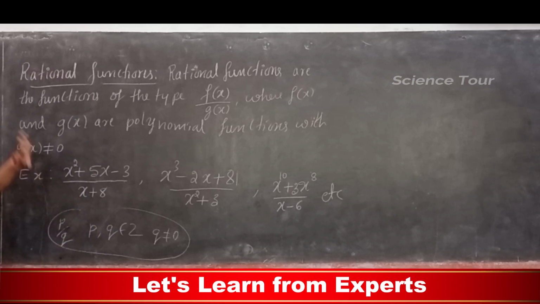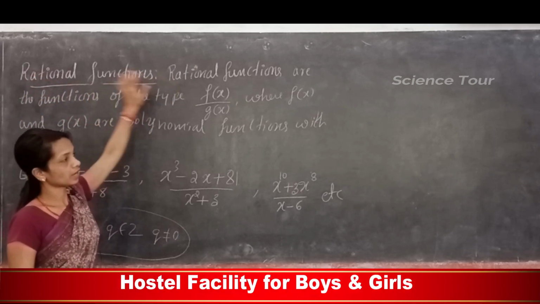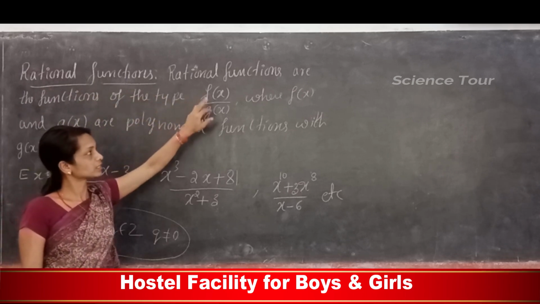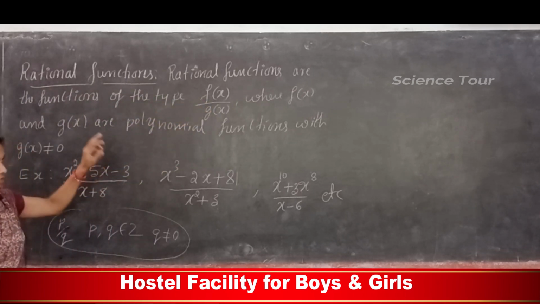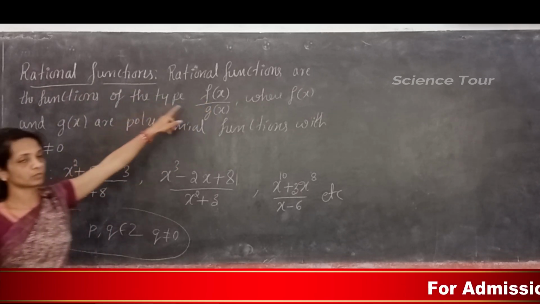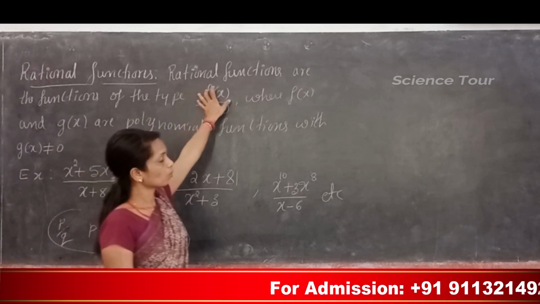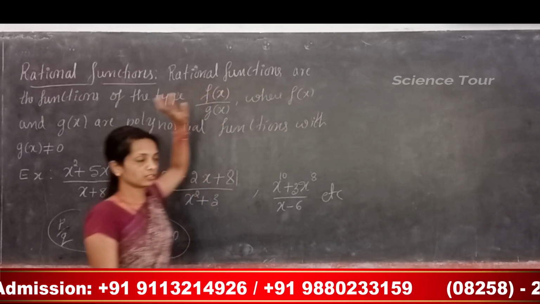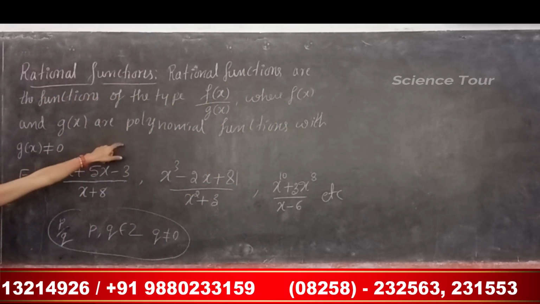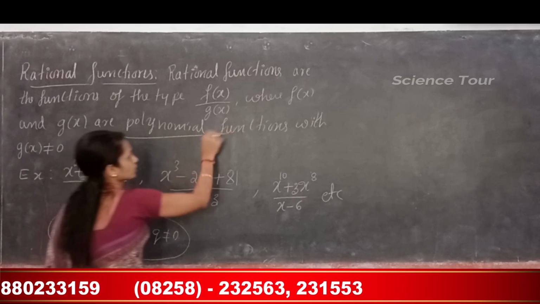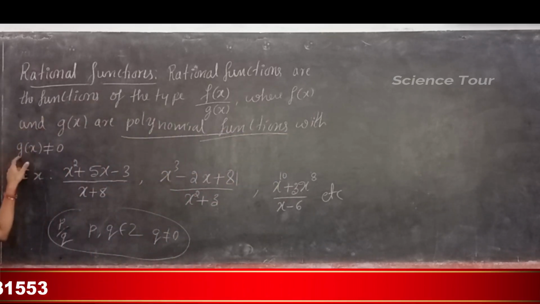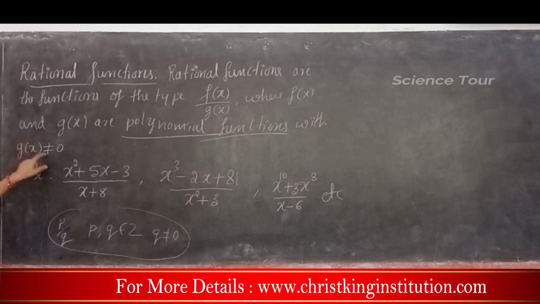In the same way, you have a definition of rational functions also. Rational functions are functions of the type f of x by g of x, where f of x and g of x are polynomial functions with the denominator polynomial not equal to 0.